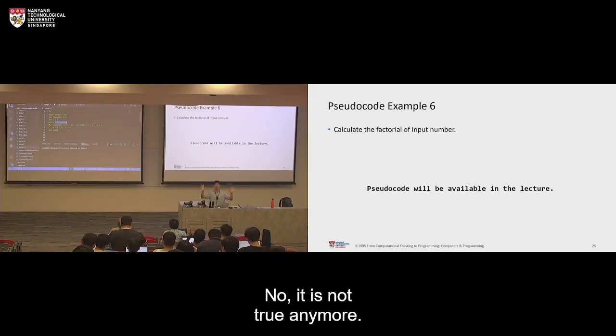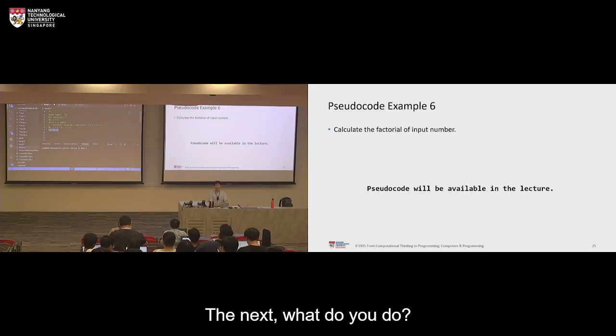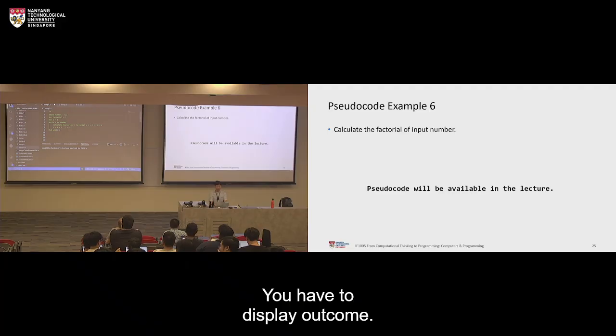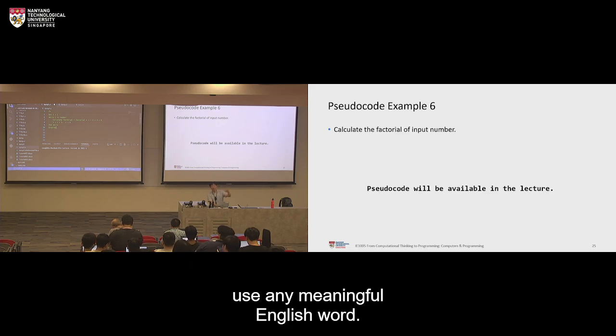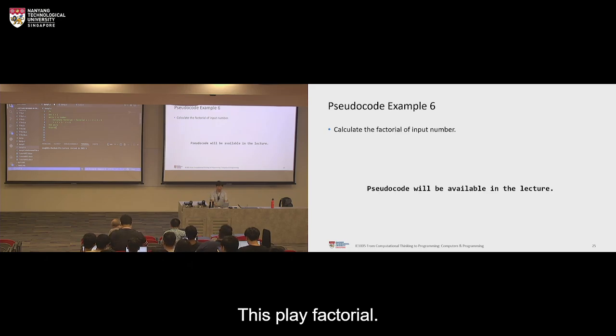No, it is not true anymore. Then end while. Next, what do you do? You have to display the outcome, right? Display. You can use any meaningful English word. Display factorial. Then you will display 6. And then end the program.